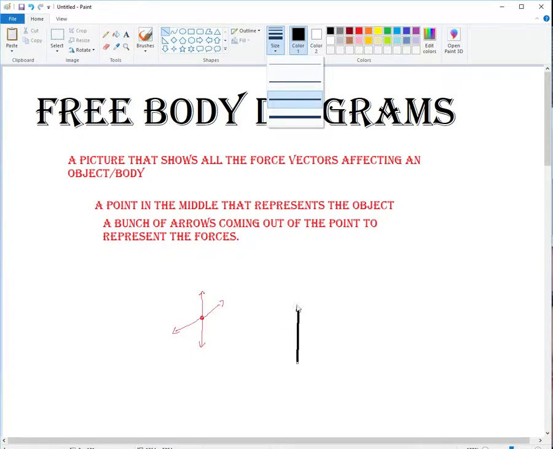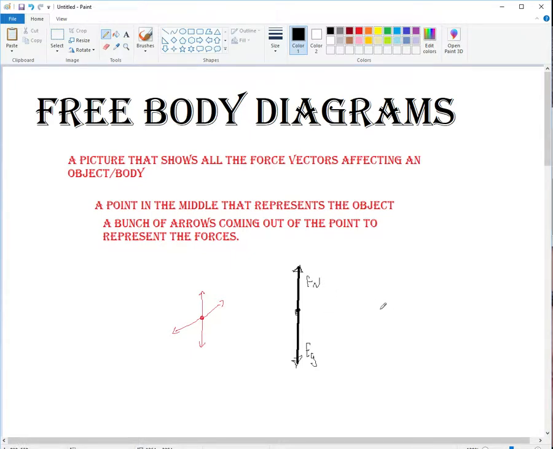I'll draw the arrow after. Okay, and then you'd have one coming out of it like so. Boom, right? Which means that this is our FG, this is our FN.